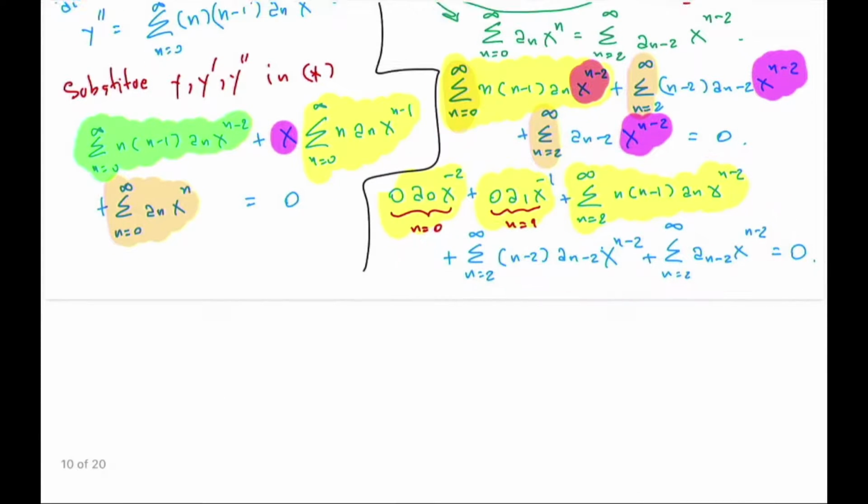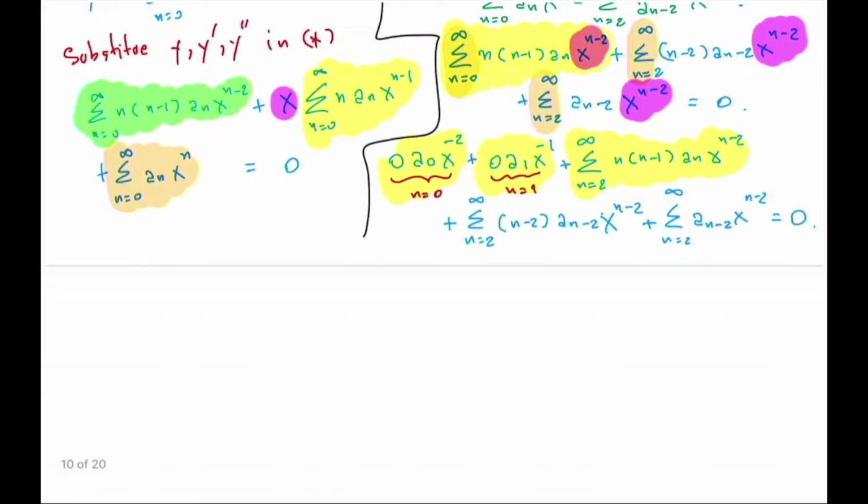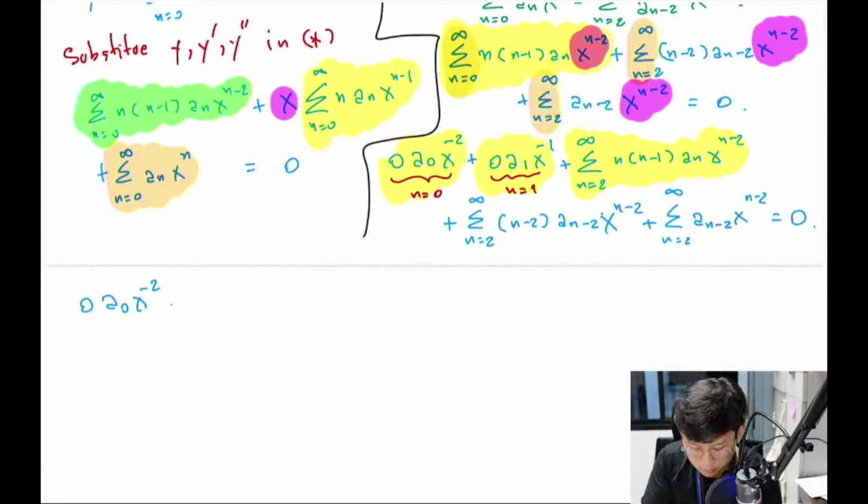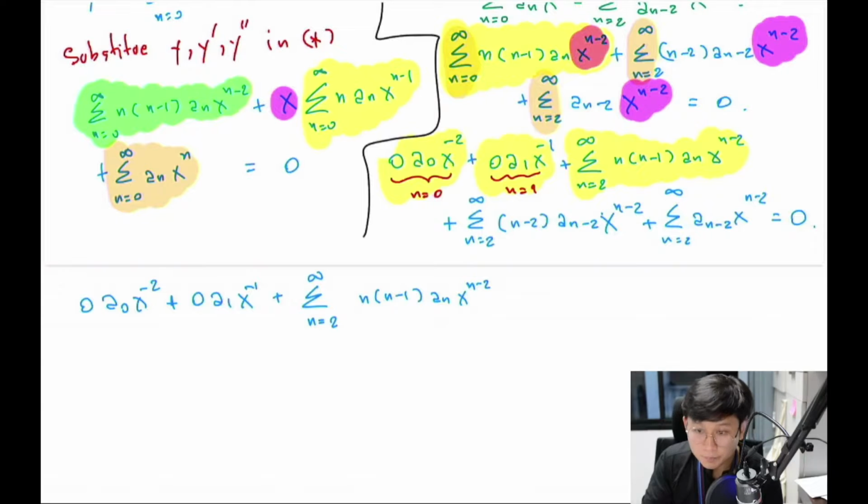So right now we can group them. So I'll get 0·a0 x^{n-2} and plus 0·a1 x^{-1} plus summation n from 2 to infinity of n minus 1 a_n x^{n-2}, right?